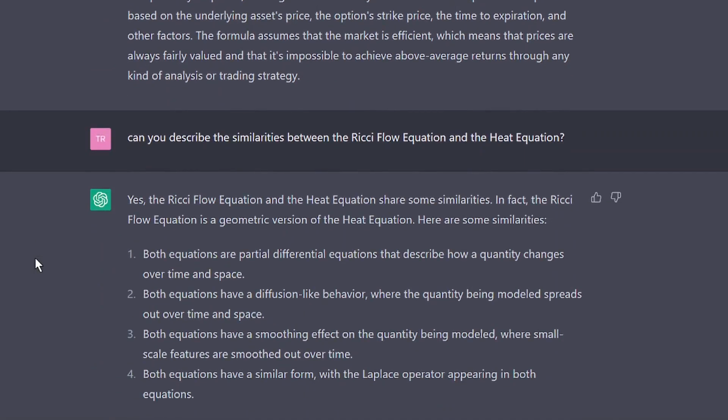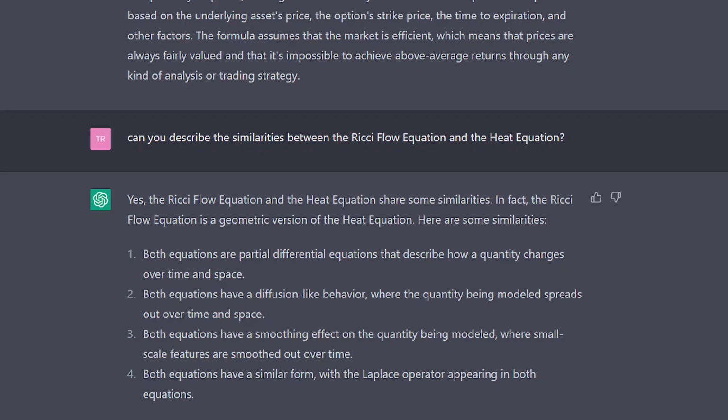Can you describe the similarities between the Ricci flow equation and the heat equation? Yes, the Ricci flow equation and heat equation share some similarities. In fact, the Ricci flow equation is a geometric version of the heat equation. Here are some similarities. Both equations are partial differential equations that describe how a quantity changes over time and space. Both equations have a diffusion-like behavior where the quantity being modeled spreads out over time and space.